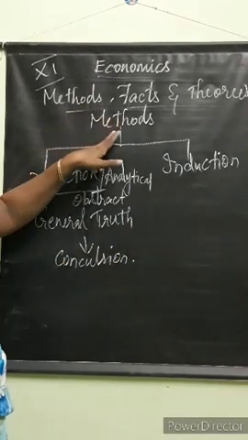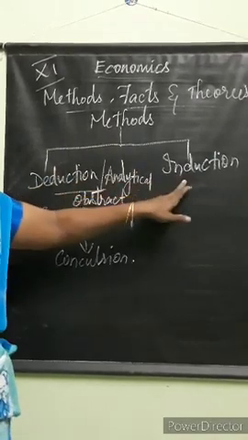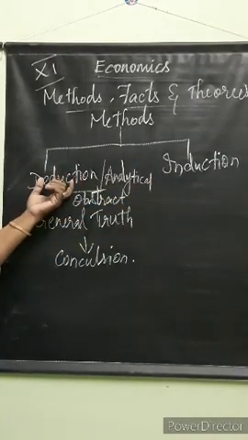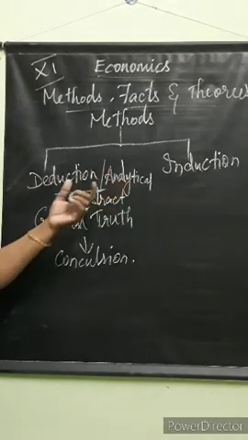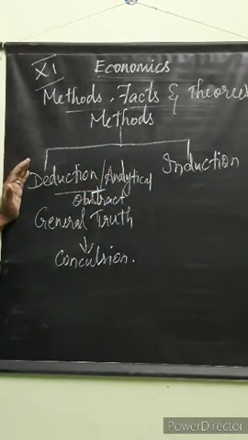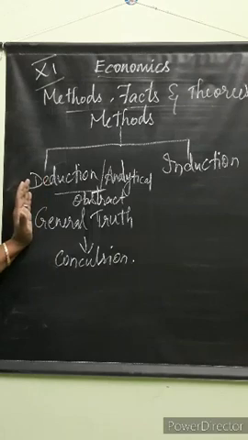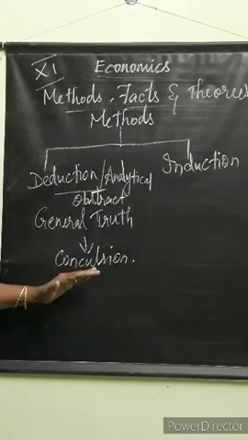We have two methods in economics. One is deduction, the other one is induction. The other word for deduction method is analytical method or abstract method. What is deduction method? Analyzing things from the general truth to come to a conclusion.